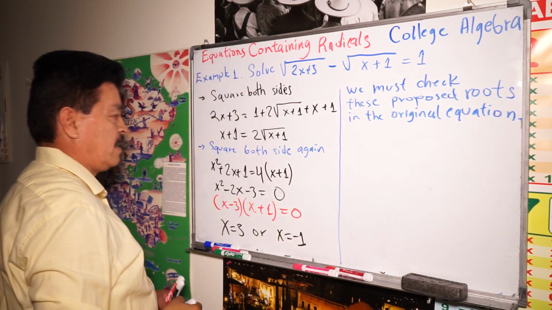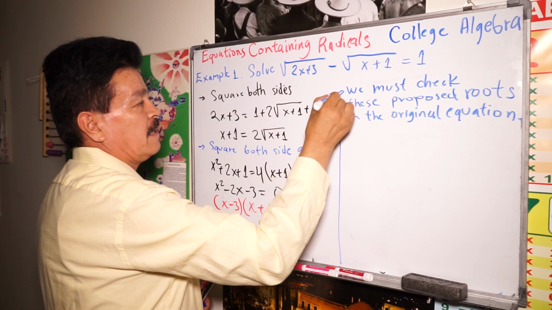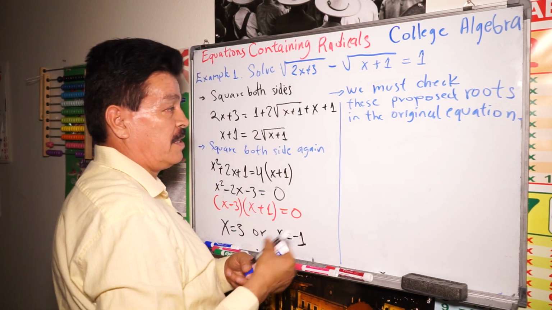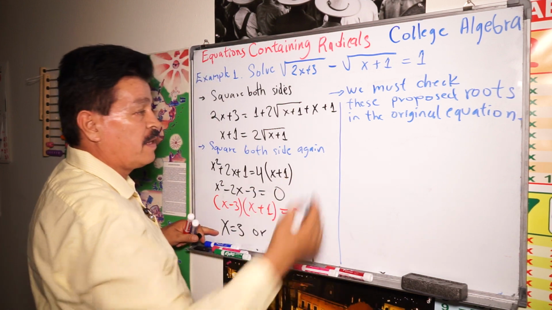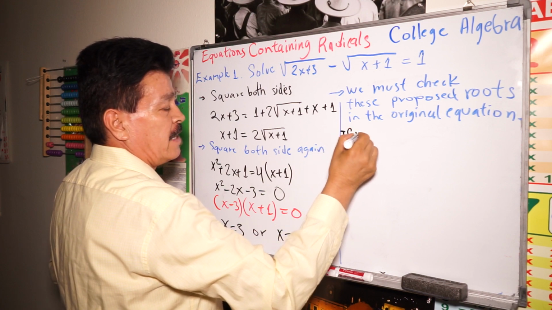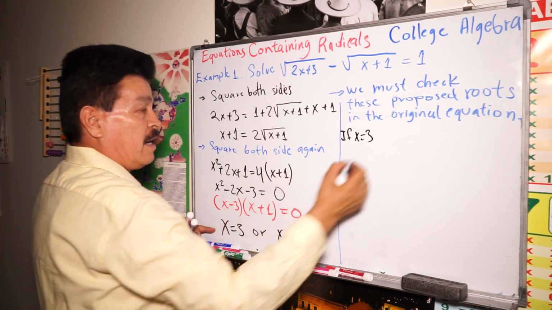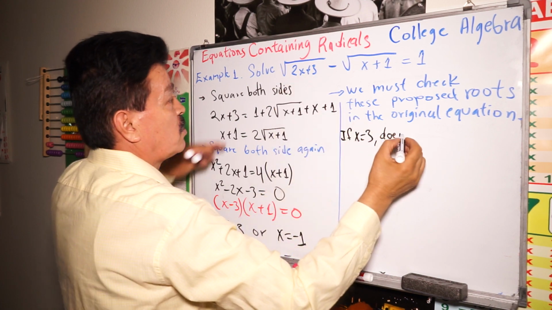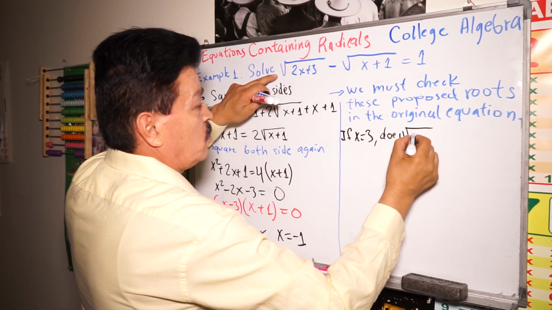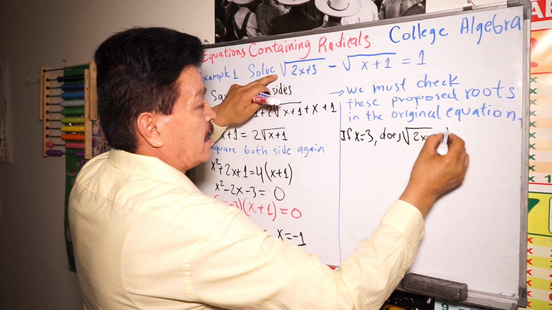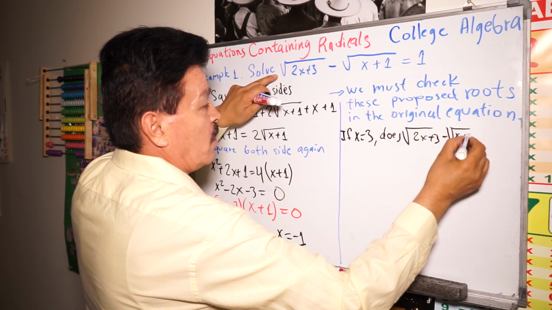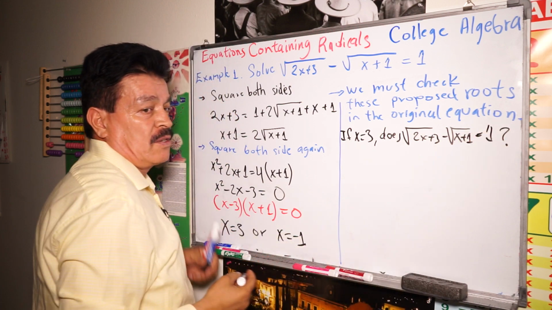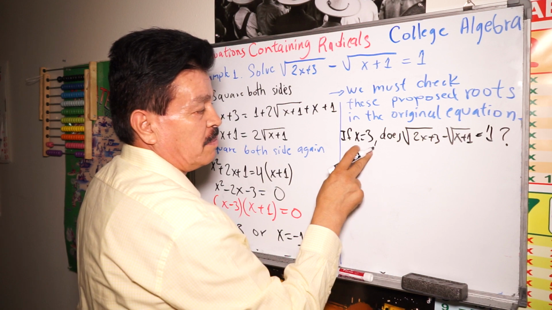This is the next step. If x equals 3, the original is the square root of 2x plus 3 minus the square root of x plus 1 equals 1. Now you substitute x by 3.